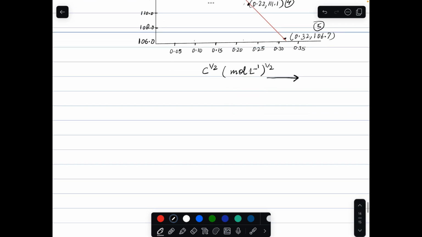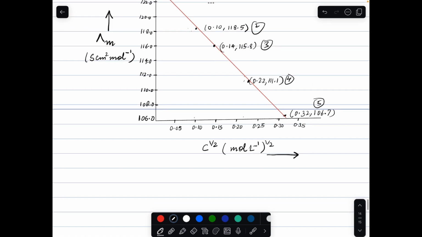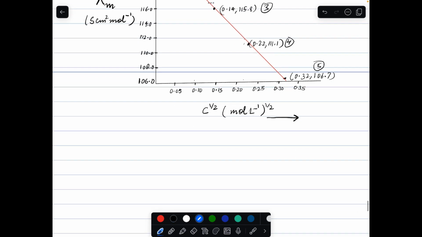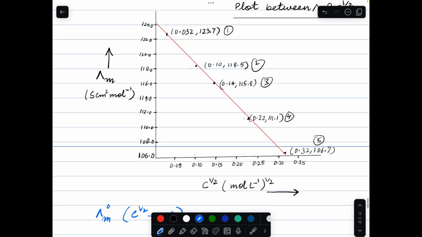Now we have to find the value of molar conductivity when concentration is tending to 0, that is, when C raised to the power 1 by 2 is equal to 0. This value is nothing but the intercept. The value here is 124.